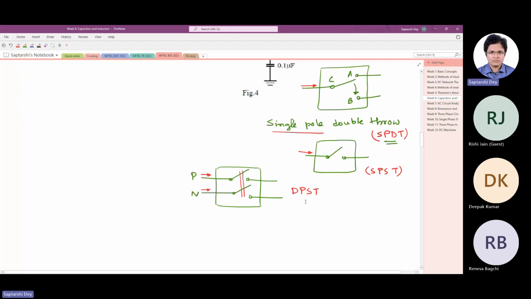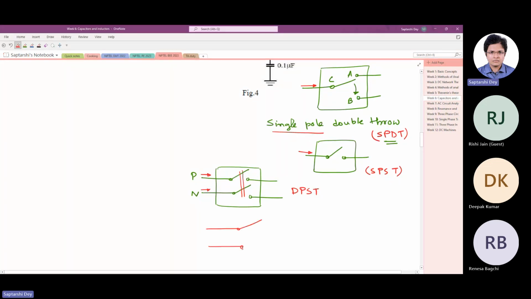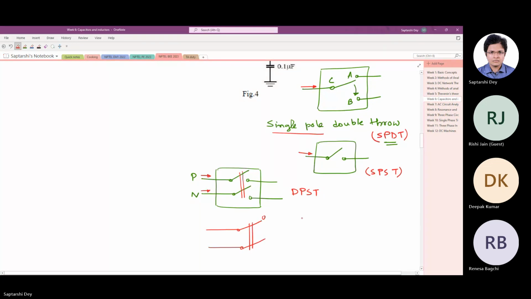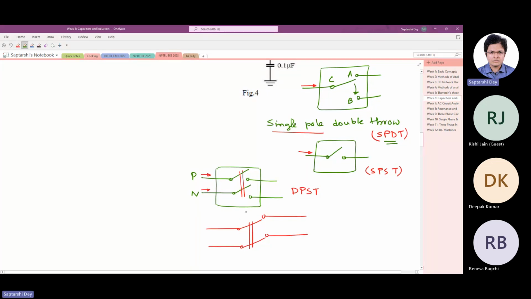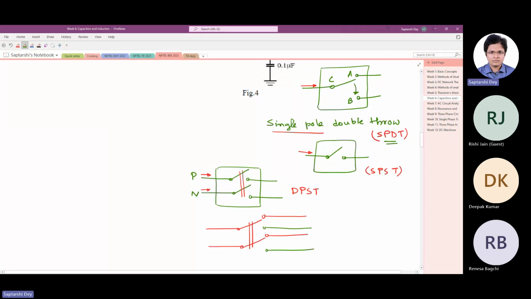You can also have switches like this. I will draw this with blue.